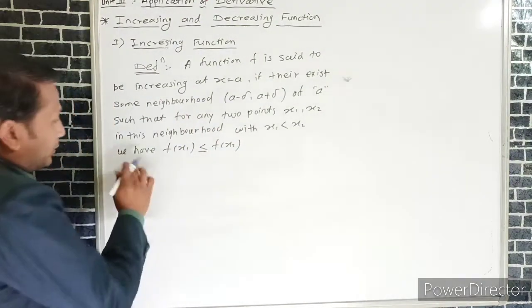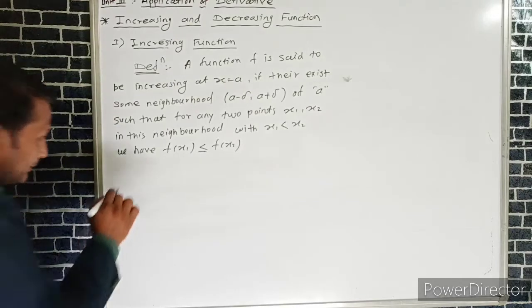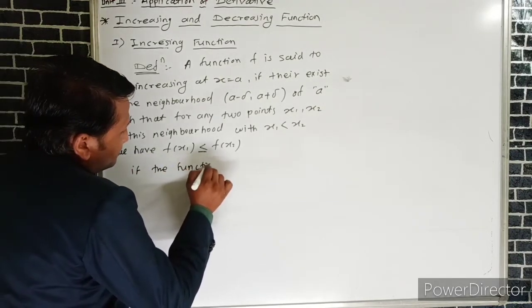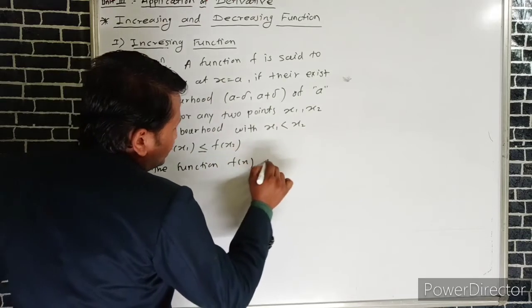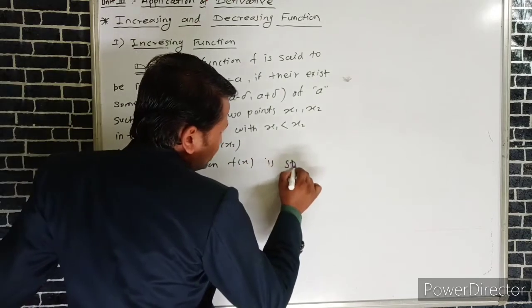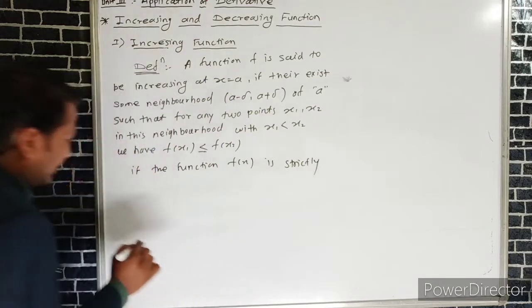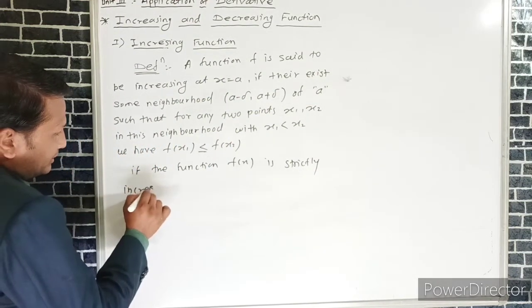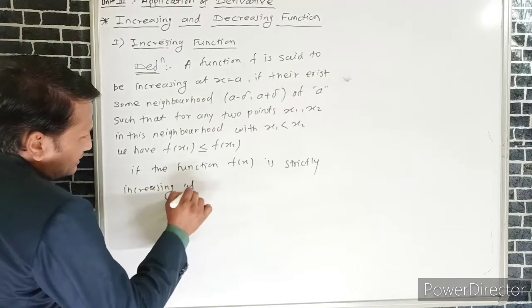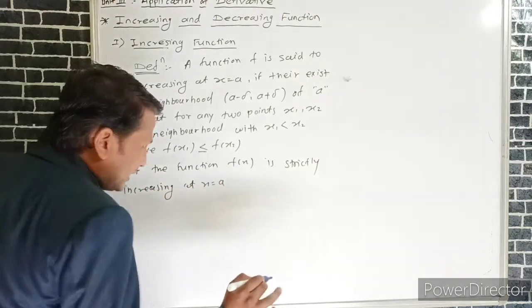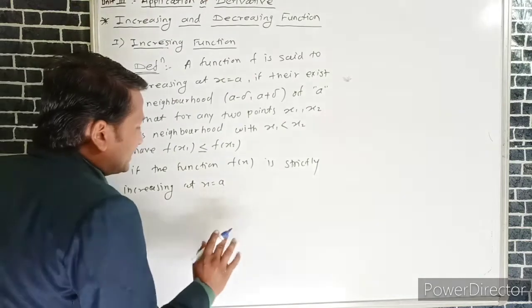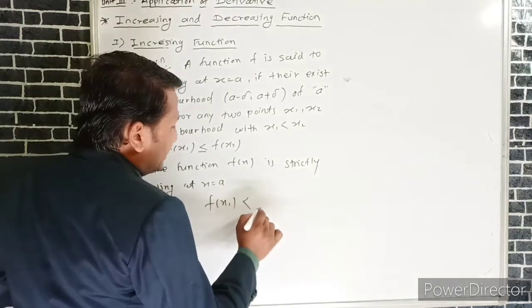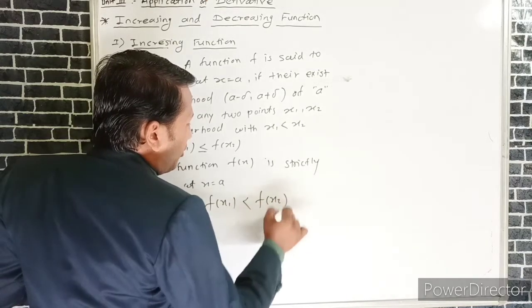So we can say that if the function f of x is strictly increasing at x equals a, then f of x1 is strictly less than f of x2.